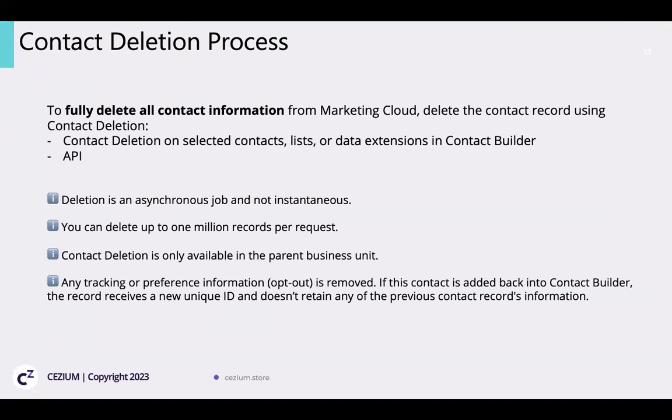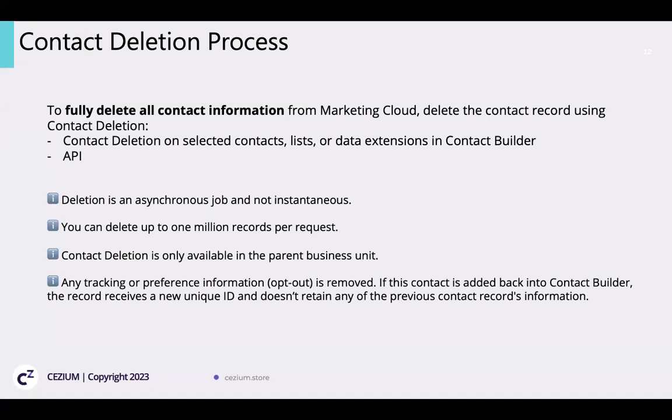Noted. So is there any restore and backup functionality available in SFMC? Not in SFMC. You can try contact and Salesforce support for this, but no, that's really permanent as a process.